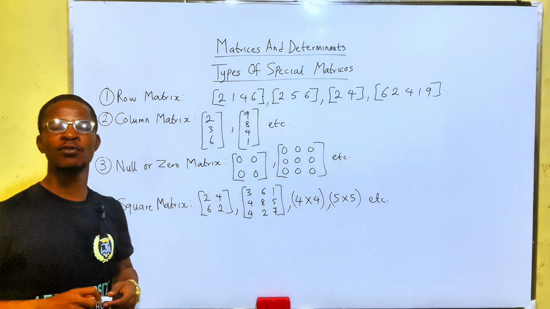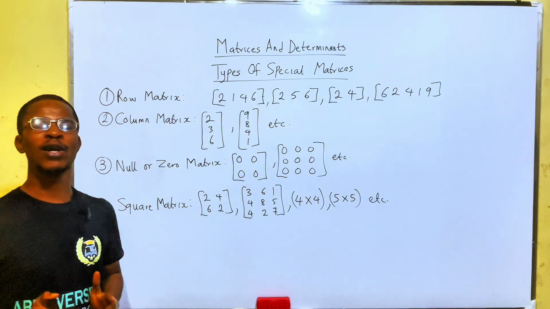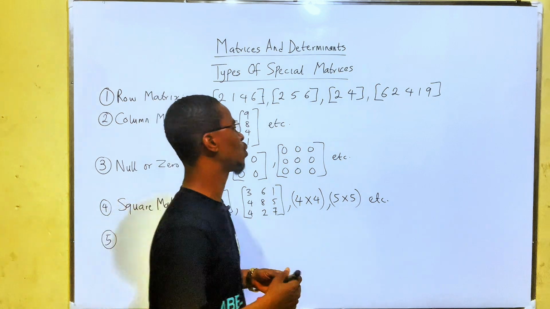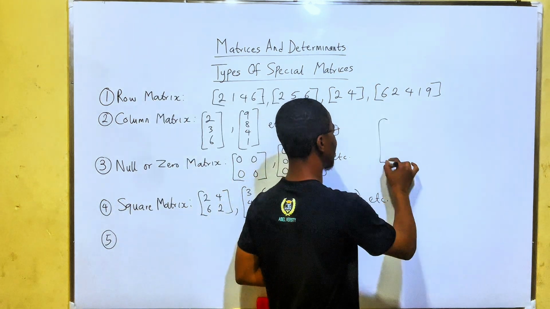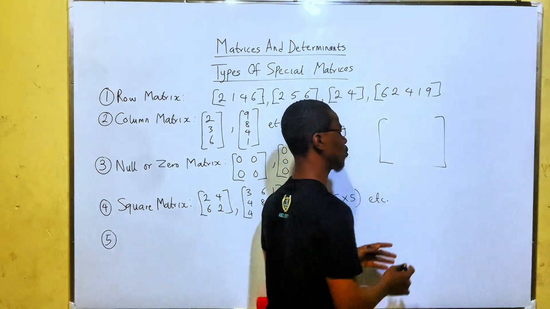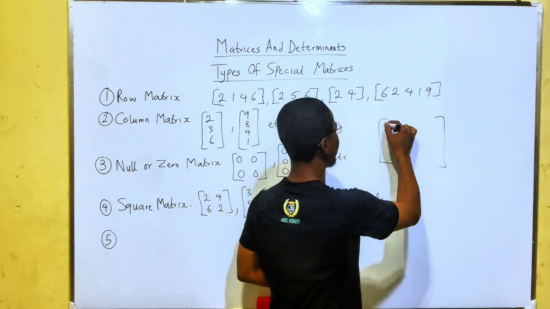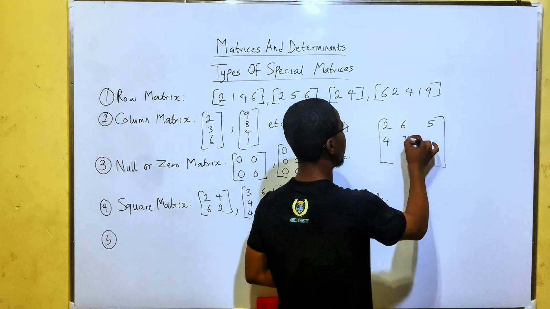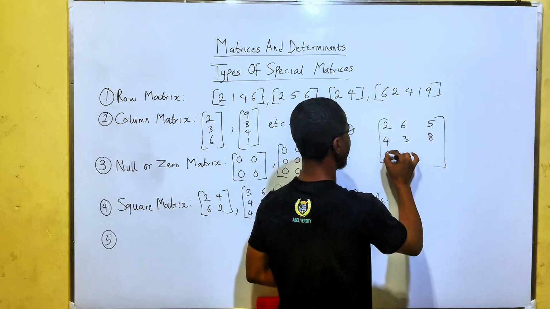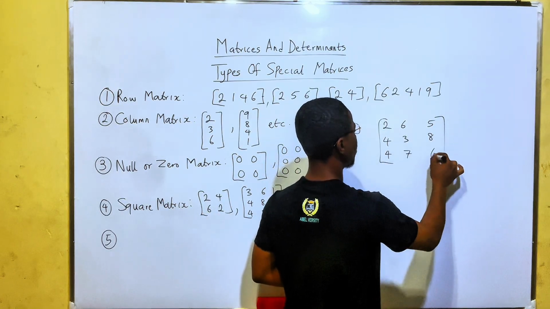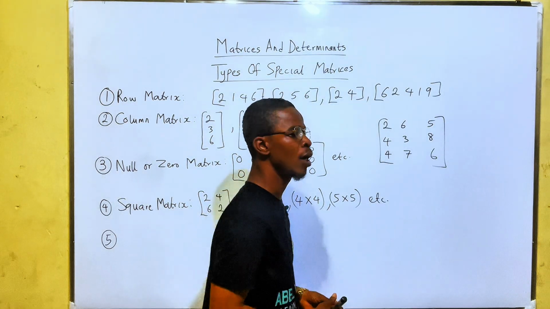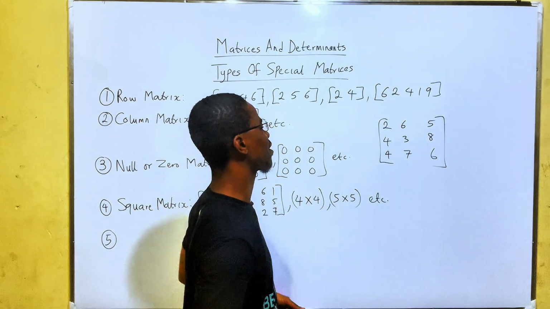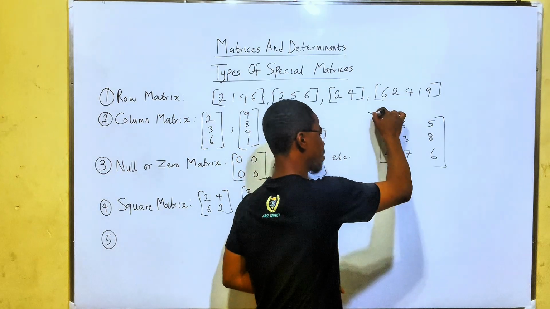The fifth matrix we have is what we call the diagonal matrix. Let me explain something for you before we continue. If we have a matrix like this, let's say 2, 6, 5, 4, 3, 8, 4, 7, 6, we have two diagonals here that are known under matrices and determinants.